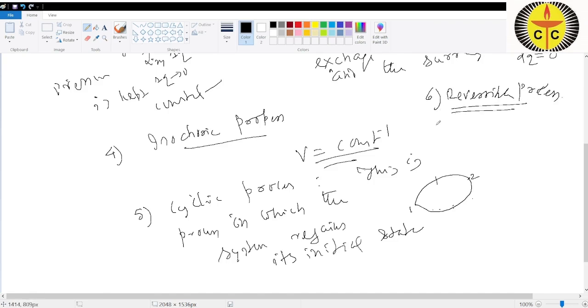This is an infinitesimally small process in which the process takes place infinitesimally slowly with time, and it goes forward and then backward, then forward, then backward, like this. So that means the system is reversed. This is called a reversible process, an ideal condition.